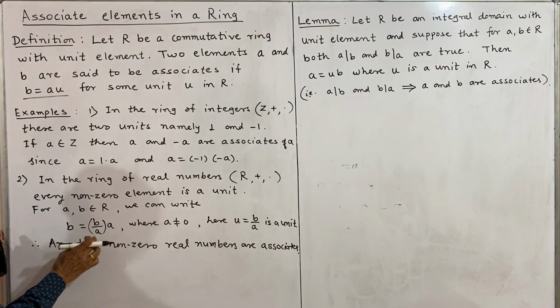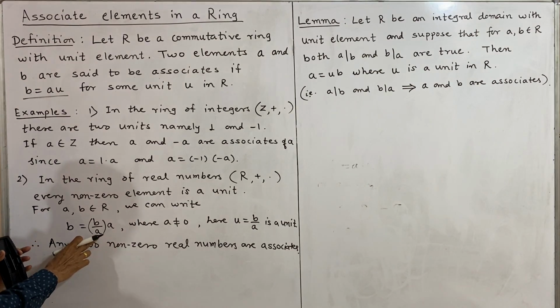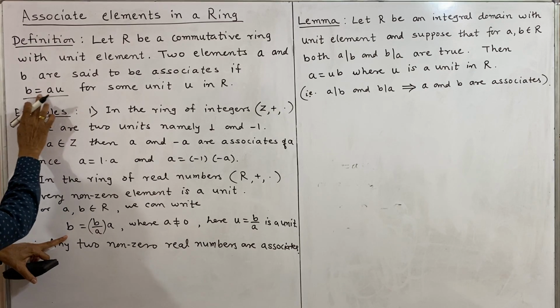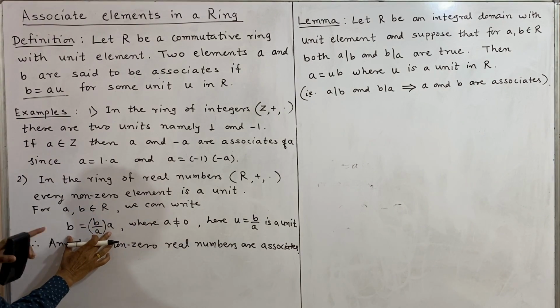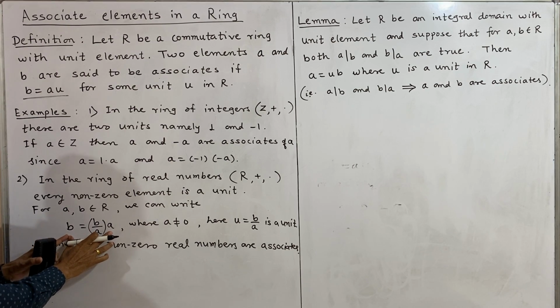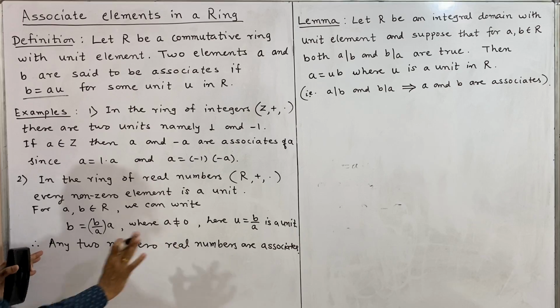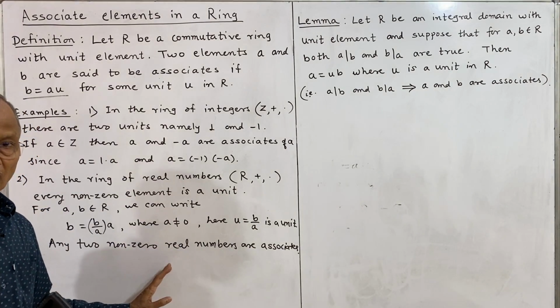We can take B upon A, which is a real number, as U, and therefore B is equal to A into U, and therefore these two elements B and A are associates. In other words, any two non-zero real numbers are associates of each other.